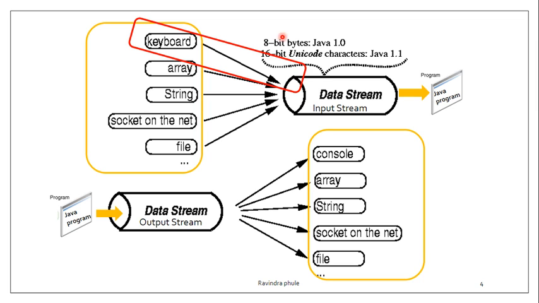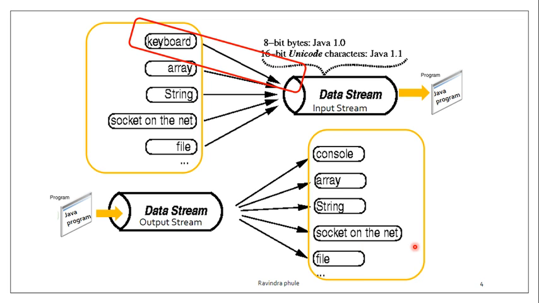Similarly, if I'm moving data from my Java program to some output or destination, what are the destinations? We could have the console, which is nothing but your command prompt. It may be an array, a string, a socket on the network, or a file.